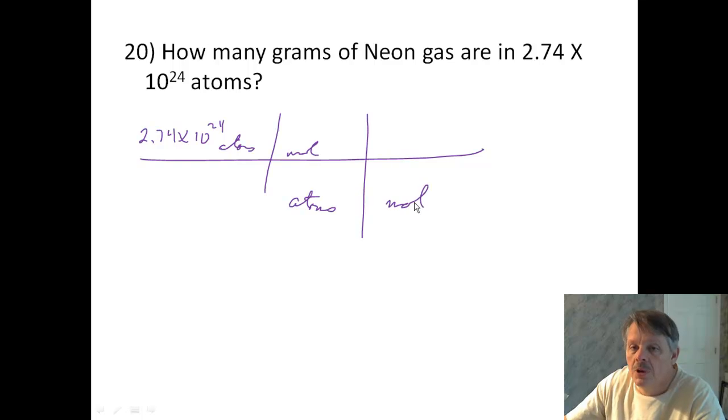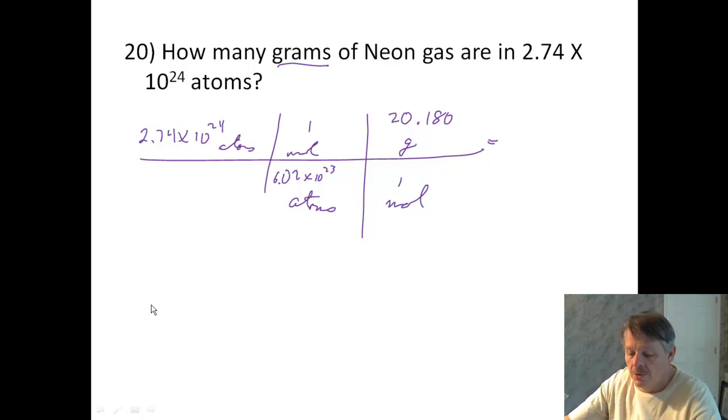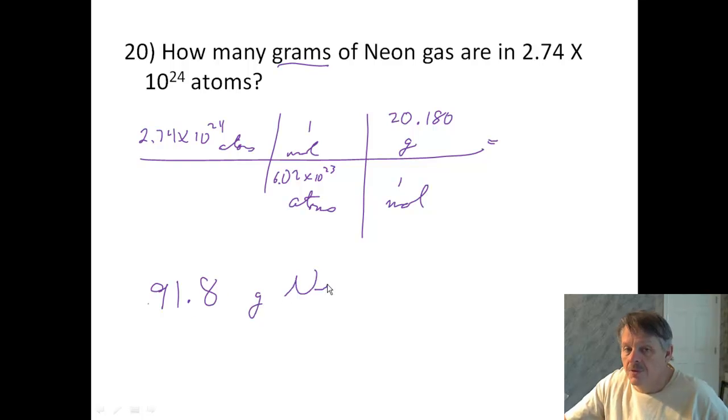Then we're going to go from moles, we're going to hop over to grams. And we know that for every mole, there are always 6.02 times 10 to the 23rd things in it. And for 1 mole, we had to figure out the grams, so we just looked that up on the periodic table, and that's 20.180. We multiply this whole thing out, and we get 91.8 grams of neon.